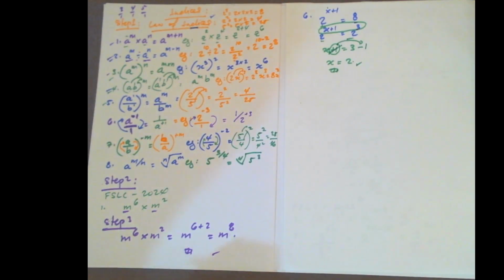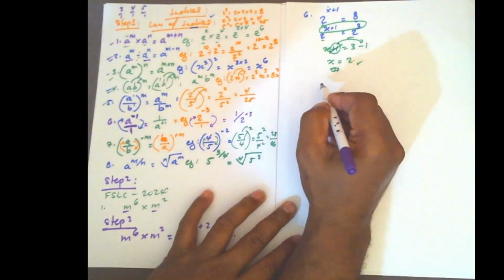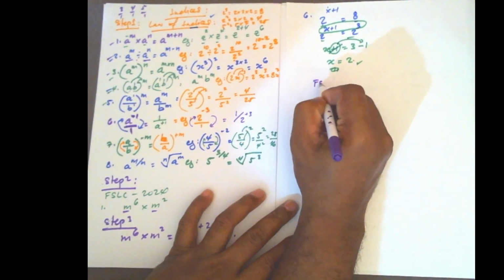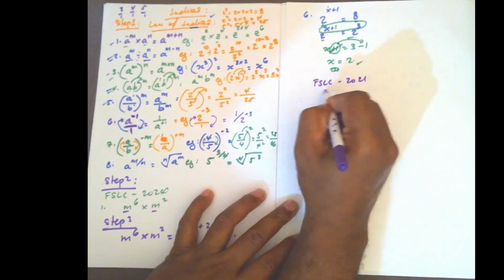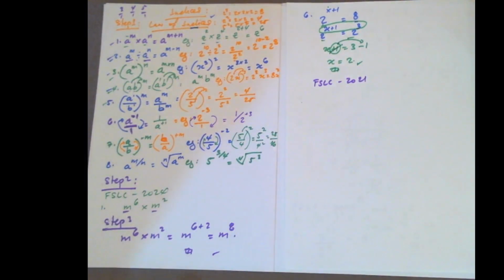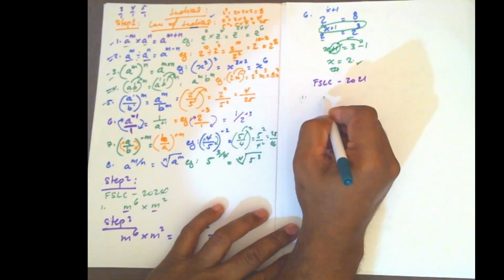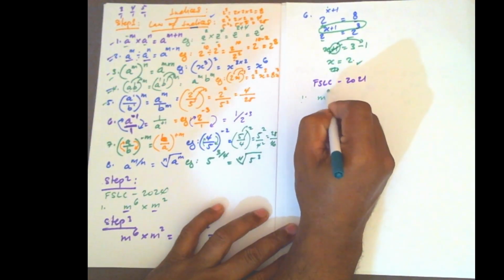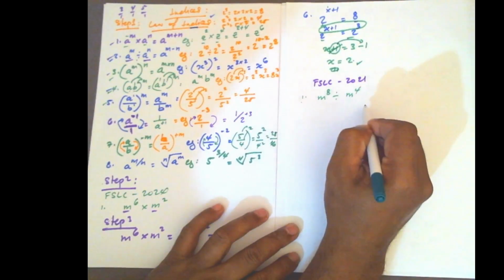Last year's paper, let's look at the FSLC 2021 paper. Question number 1: Simplify m to the power of 8 divided by m to the power of 4.